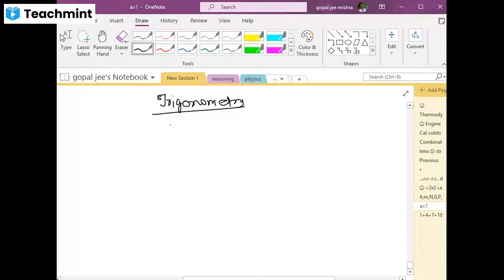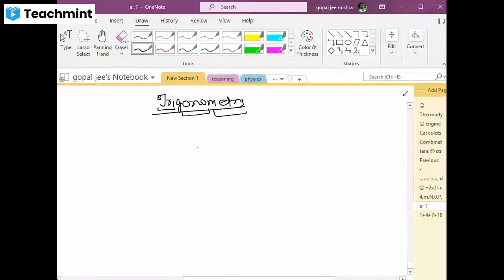Trigonometry, you can see, beta, that this word itself is composed of the word tri, which is three, and gono, which is angle, and metry is related to metron. Metron means measurement.